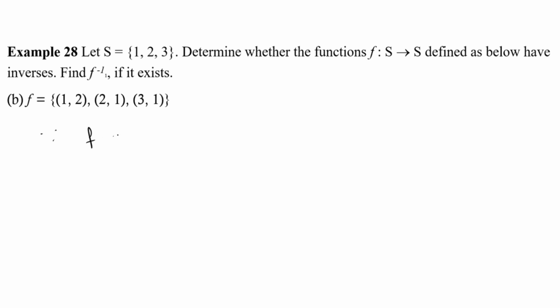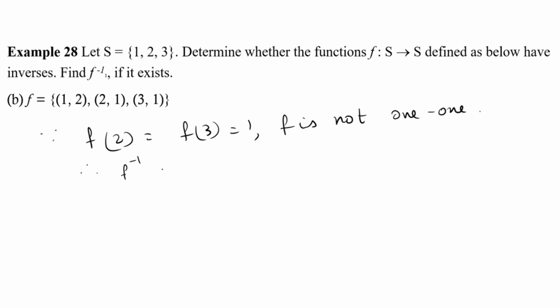Since f of 2 equal to f of 3 equal to 1, f is not 1 to 1. Therefore, f inverse does not exist, or f is not invertible.